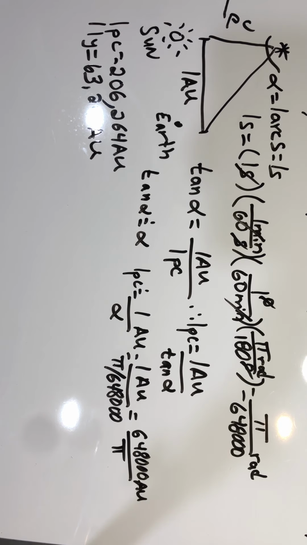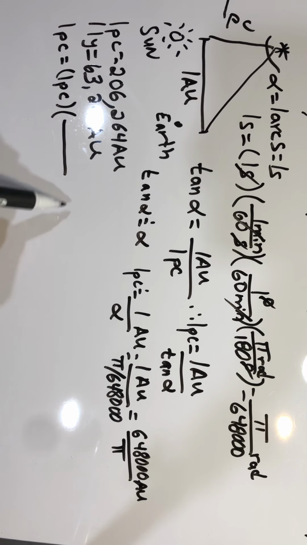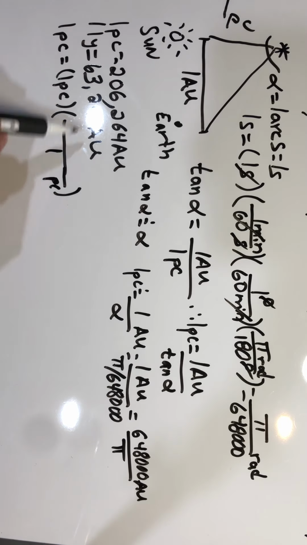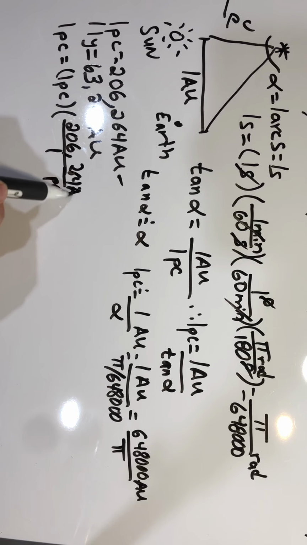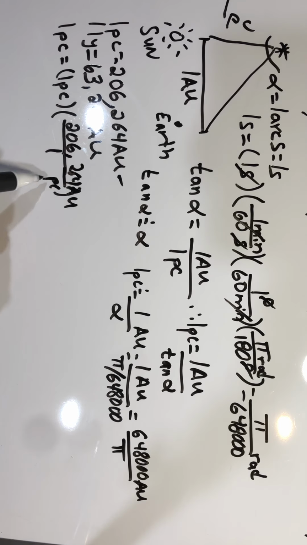They're just numbers, but let's convert parsecs into light years. The way I will do it is I will say this 1 parsec is equal to 1 parsec, okay? As a fraction, I want to get rid of the parsecs. So I know parsecs are going to be at the bottom right here, 1 parsec. And on top is going to be this number right here, 206,264 astronomical units. Okay, so that gets rid of this parsec and this parsec, and I end up with astronomical units.